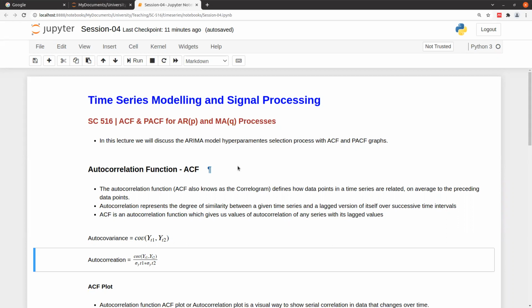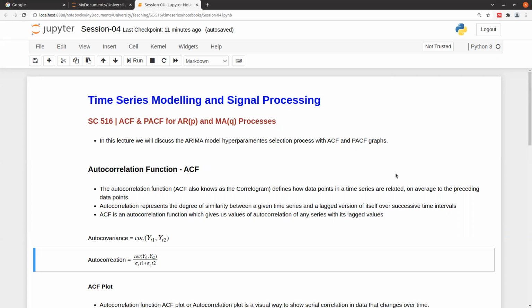But the ACF and PACF graphs and this technique are much more useful in order to identify the P and Q parameters in the AR process as well as the MA process.